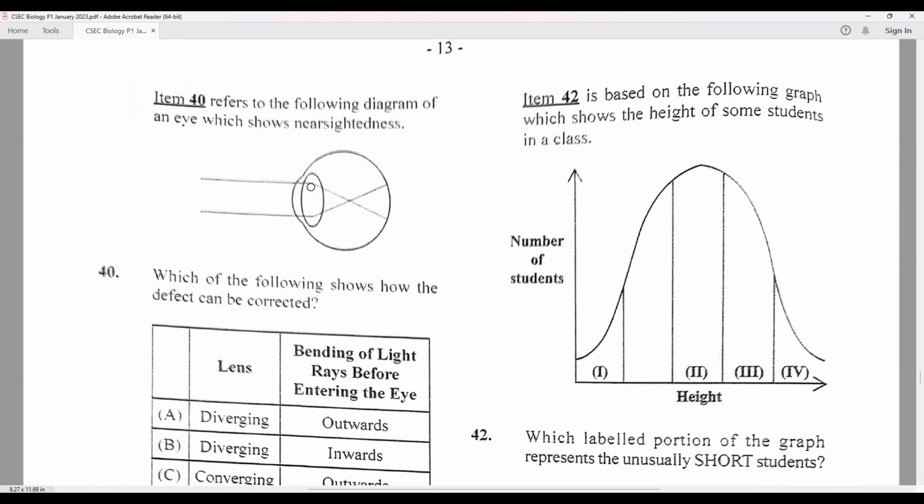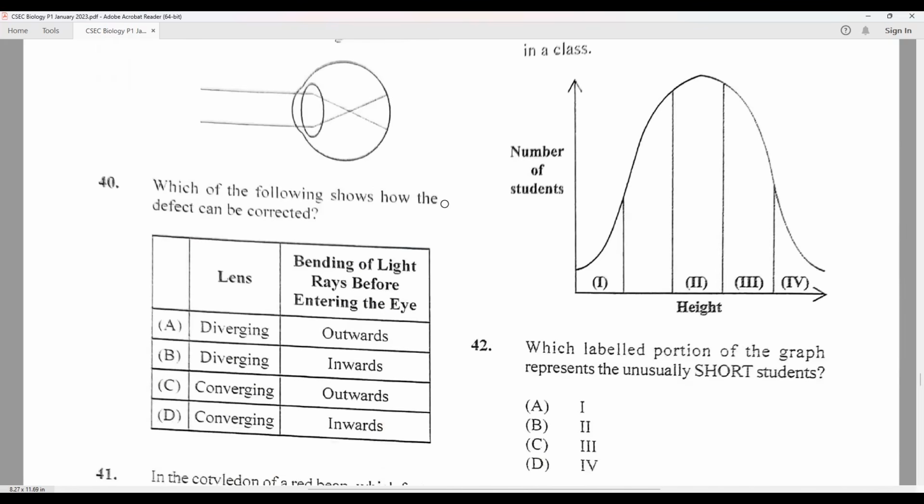What you want to do is spread out the light even more, because the lens is bending the light too strongly, so it's falling in front of the retina. In order to do that, you use a divergent lens and carry the light outwards. So 40 is A.